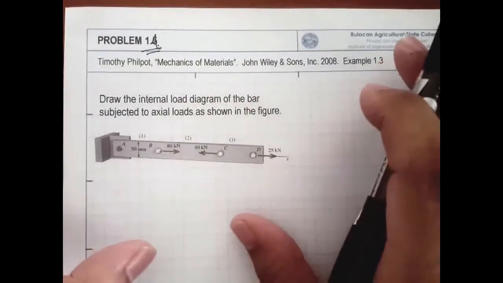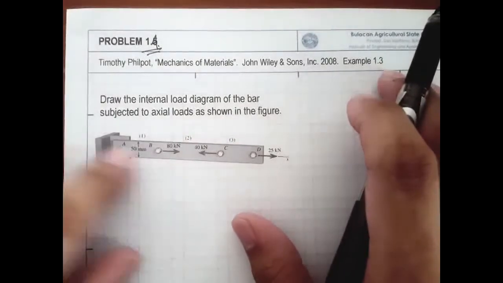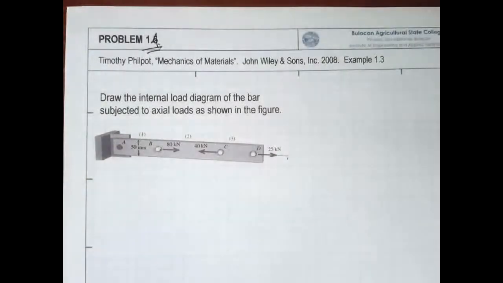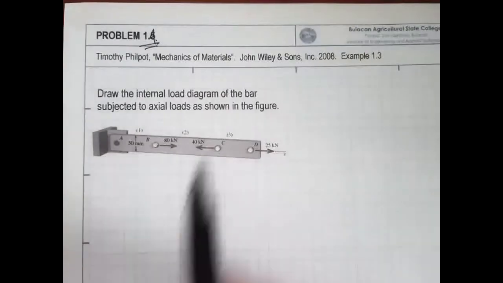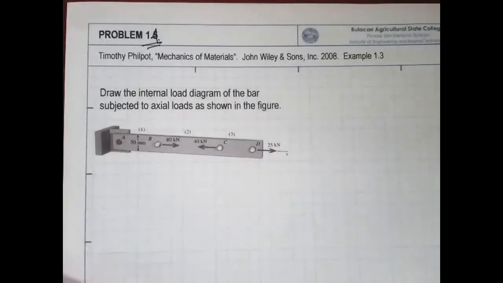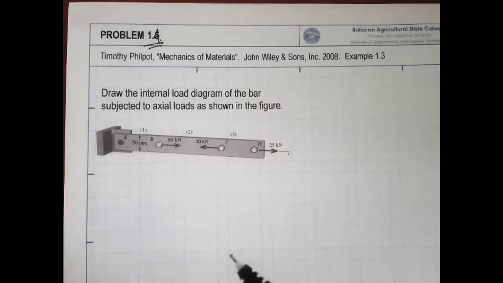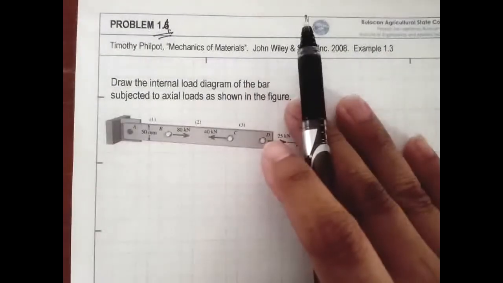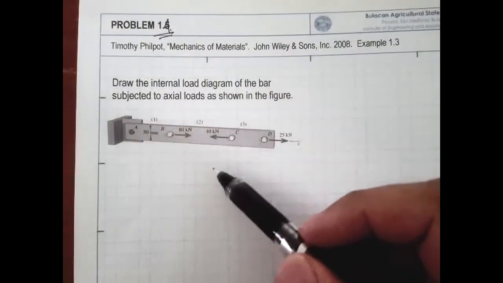In that example, it was meant to solve for the stresses inside the material, but right here what we will do is just simply draw the internal load diagram of the bar, because after all, in the strength of material course, we are dealing with the stresses and strains which are internal, which are related to the internal forces. So this problem will help us develop our skills for that.